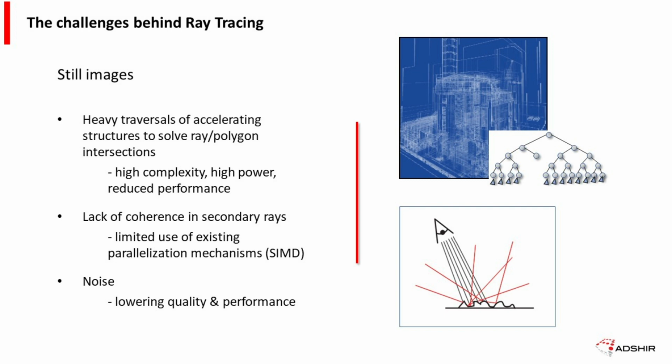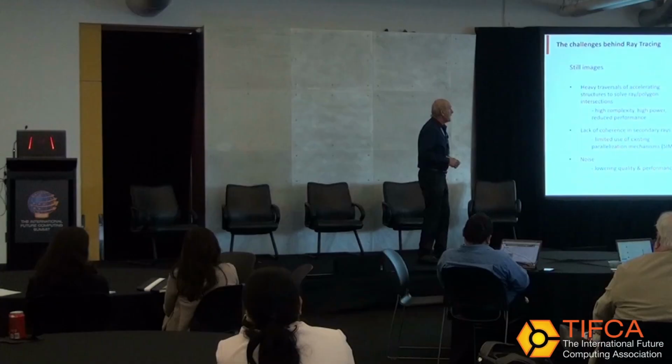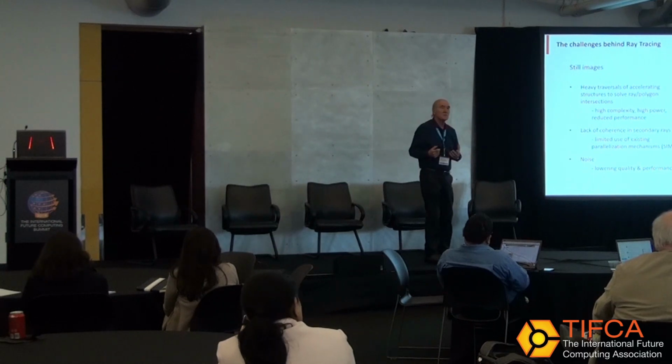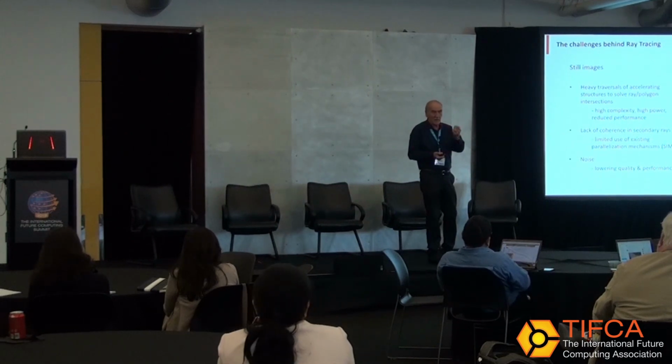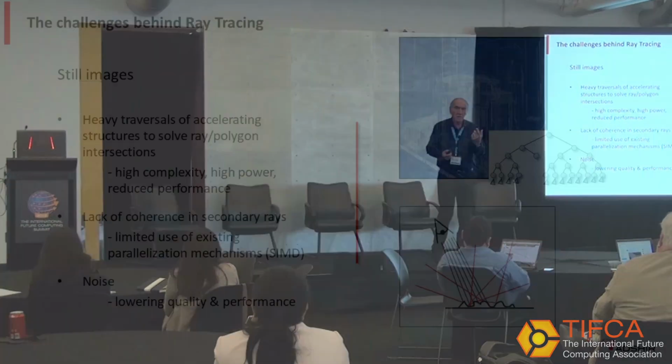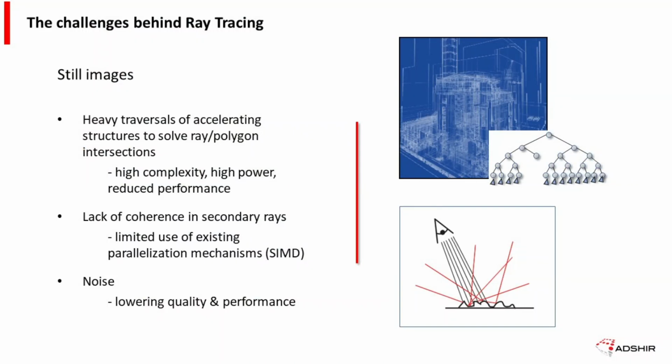This is very small, just to show the idea, but the real structures are huge. And then you have to make what are called traversals. It takes a lot of time. About 80% of generating a single picture is traversals of these structures. So it's very expensive.